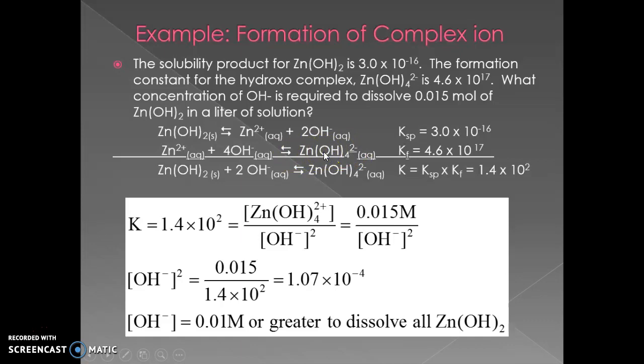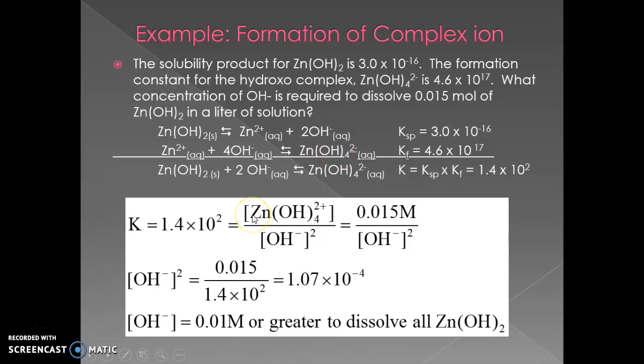So what happens is when you put the zinc hydroxide in solution, you wind up with hydroxide ions recomplexing with the zinc hydroxide to give you these, like, super hydroxated zinc ions.